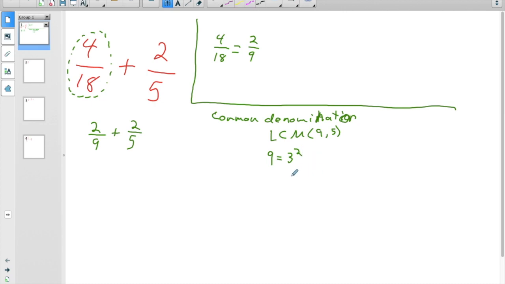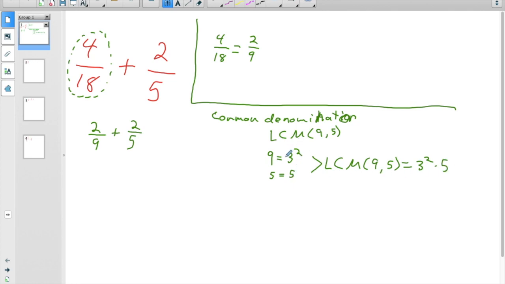So 9 is just 3 squared, and 5, its prime factorization is itself. So what does this tell us? This tells us that our least common multiple of 9 and 5 has to equal 3 squared times 5.